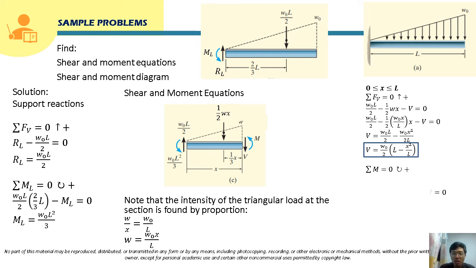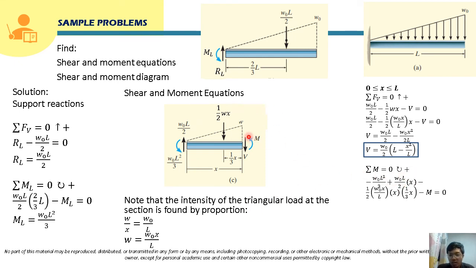Of course, we will include this moment reaction. This moment reaction is W sub O L squared over 3, and this is counterclockwise, so it will be negative here in our summation. And then for this reaction force, its moment about this point will be W sub O L over 2 times its moment arm, which is distance x. Its rotation will be clockwise, that's why it's positive here.